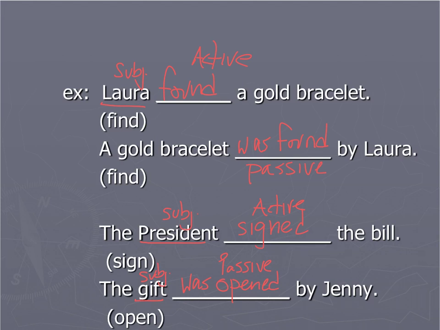Okay. Now the last two, I can take the first one and make it passive. And then the second one, I can make active. So I could say the bill was signed by the president.